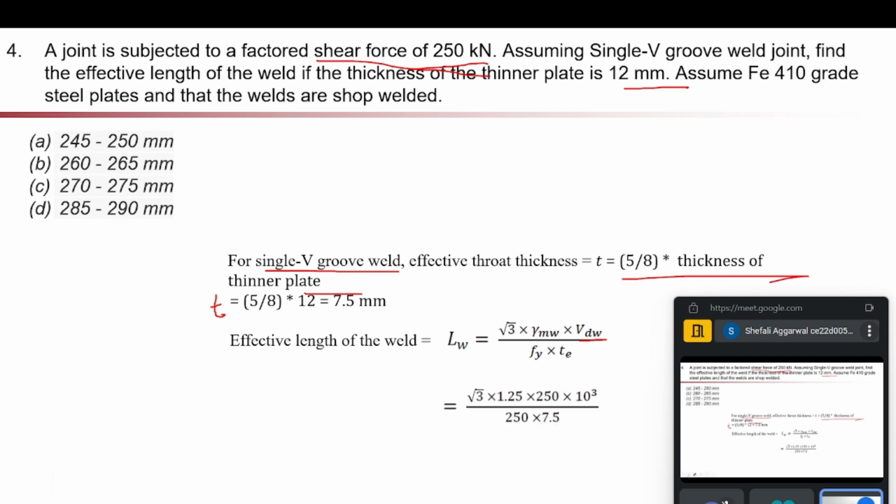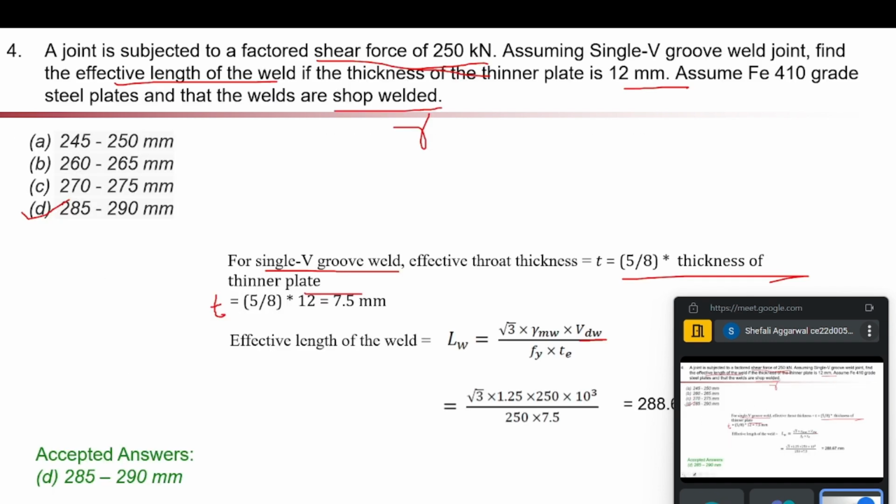In this case, shop welding, gamma is 1.25. V is 250 kilonewton, converting into Newton. Fy is 250 for welding, and Te we just calculated, 7.5. So the effective length of weld, that is what is asked. How much is it coming? 288.67. So the answer will be between 285 and 290.